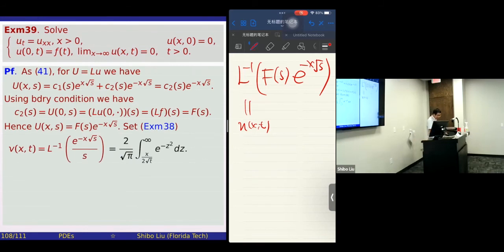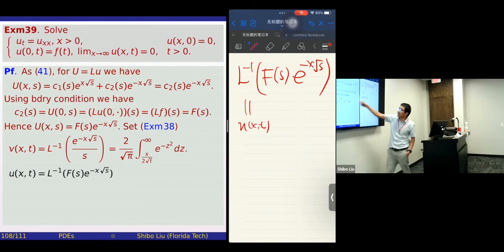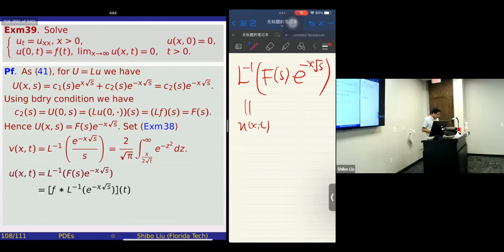Why do we need this? Because we want to compute the Laplace inverse transform of this capital F times the exponential, and we can rewrite it in this way. The inverse transform of a product equals the convolution of their inverses.